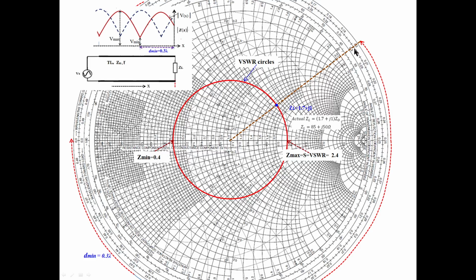Okay, this is the point, 0.3 lambda. Like this, go on moving, and whenever it reaches 0.3, you stop here. Draw a line from here to the center of the Smith chart. It cuts somewhere here.